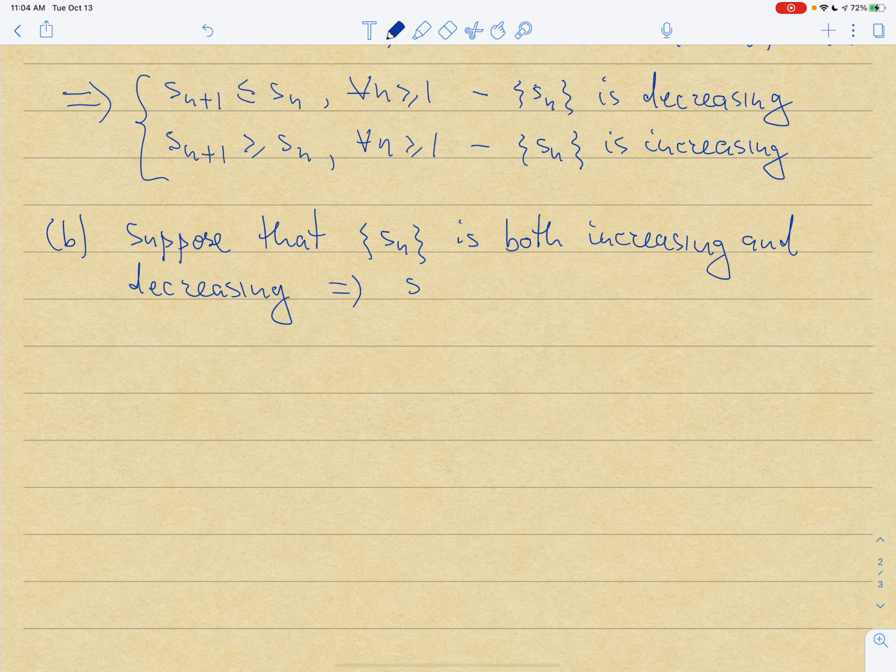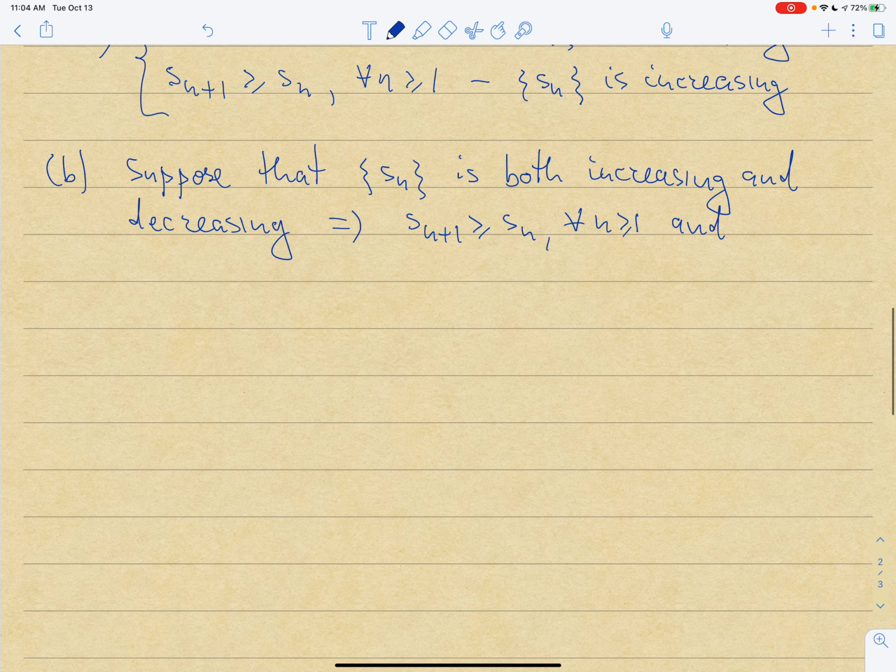It means that Sn+1 is greater or equal than Sn for all n greater or equal than 1, because it is increasing. And that it is monotone decreasing means that Sn+1 is less or equal than Sn, again, for all n greater or equal to 1.